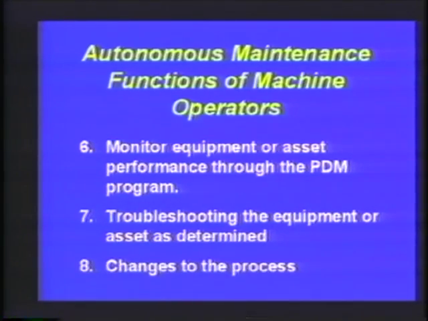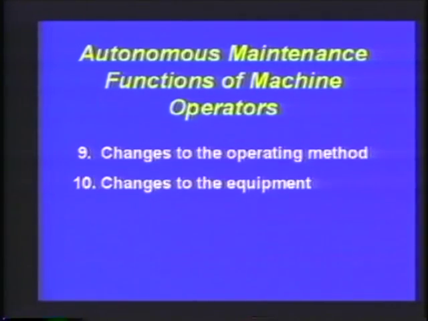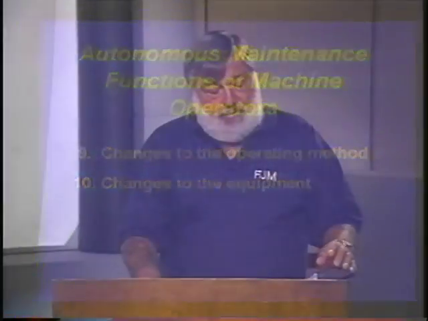Changes to the process, like PM, are going to be changed whenever it is necessary. Change the operating method. And last but not least, there may be changes to the equipment as a byproduct of the predictive maintenance program. Now, this concludes section number 9, but let me leave you with just a couple comments.